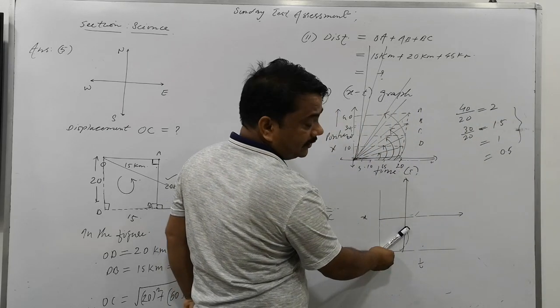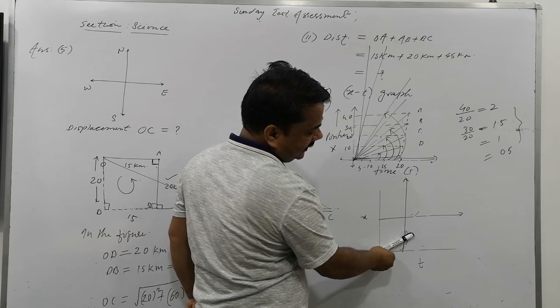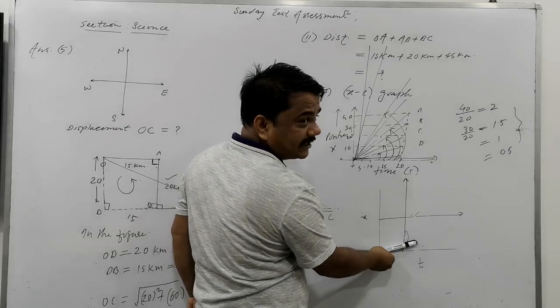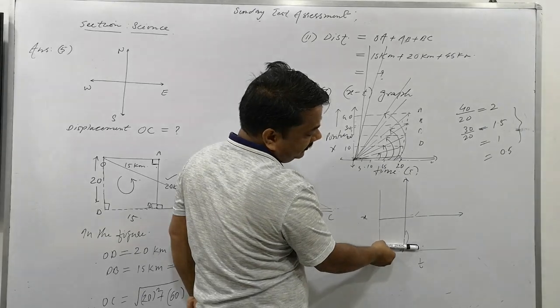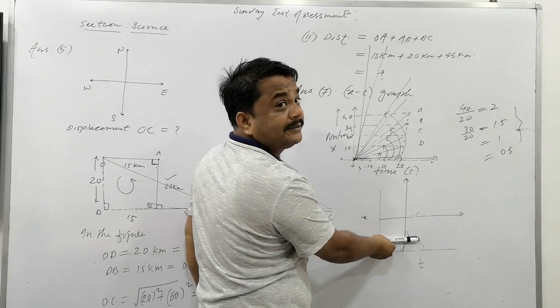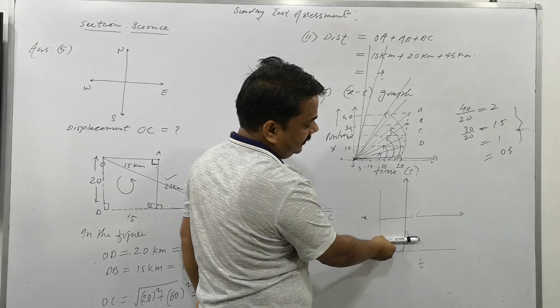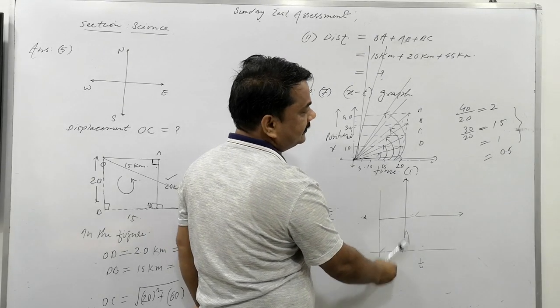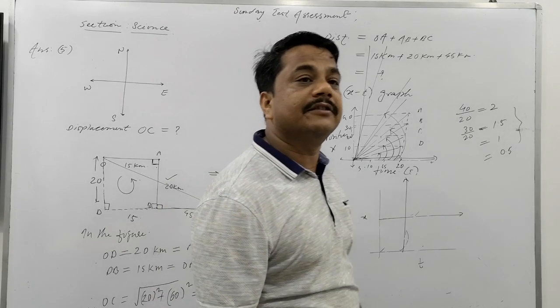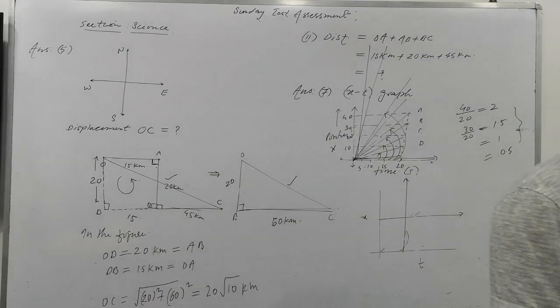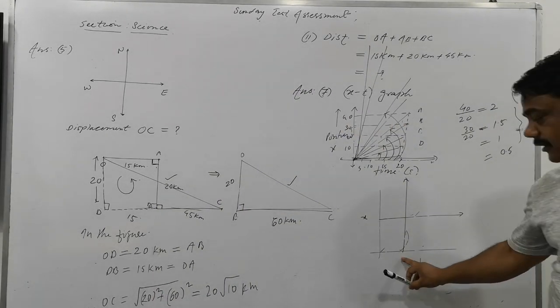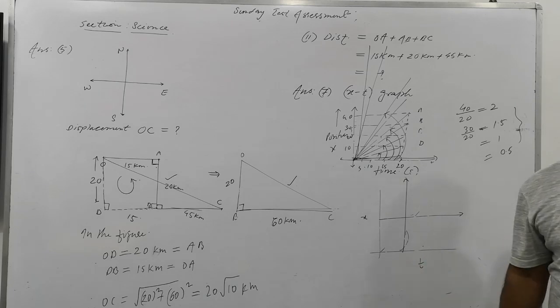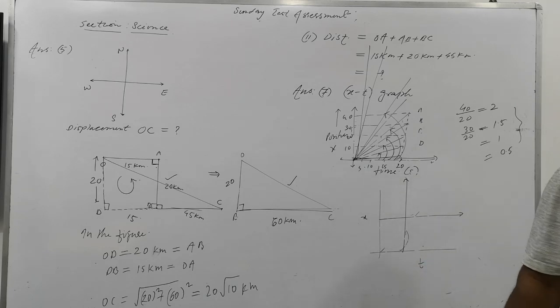This is the curve here, with so much less inclination. If the inclination is less, the speed is less. And if the curve becomes parallel to the time axis, the object comes to rest. Again here, the inclination will increase, the speed will increase. Is that clear? This inclination of the xt curve from the horizontal axis is called slope.